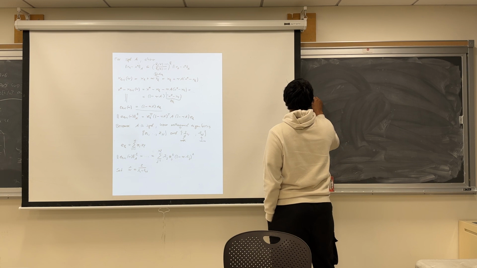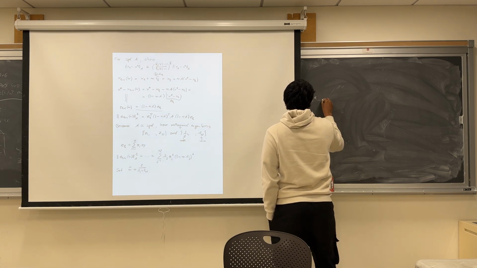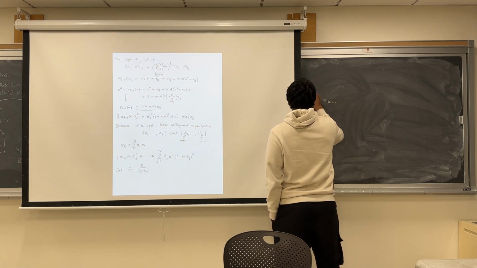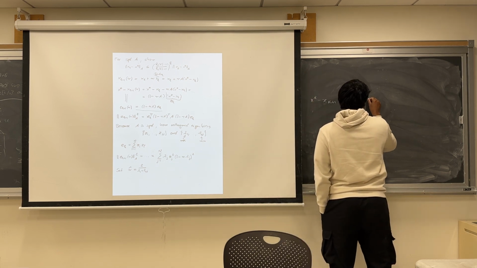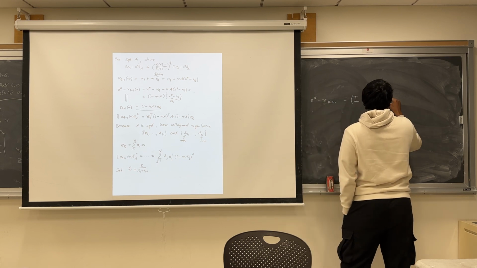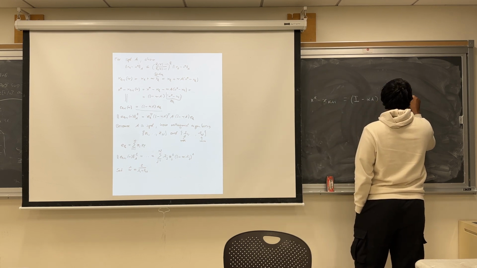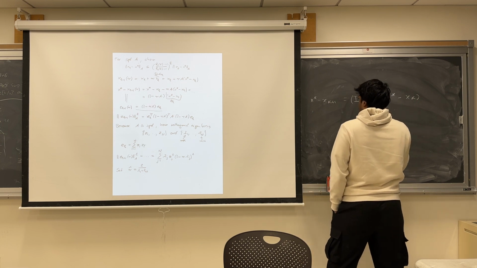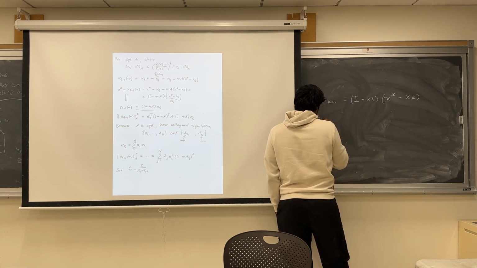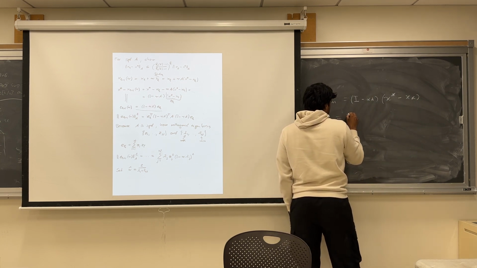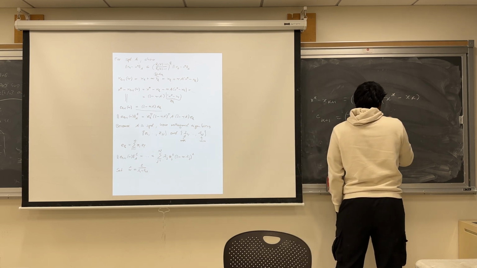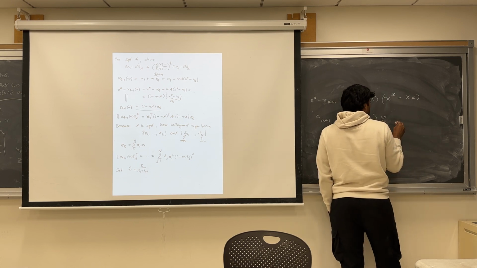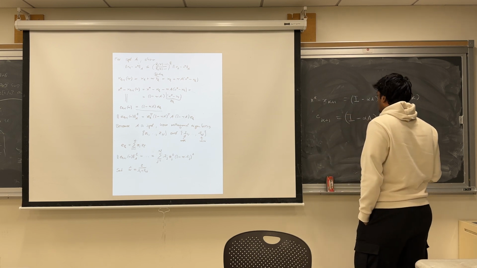The error x star minus x_{k+1} is equal to identity minus alpha A times x star minus x_k. So the error after the (k+1)th iteration is identity minus alpha A times the error in the kth iteration, right?